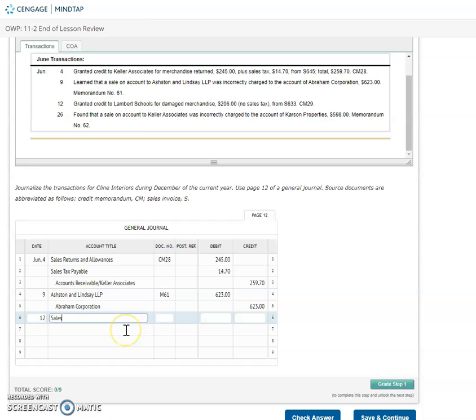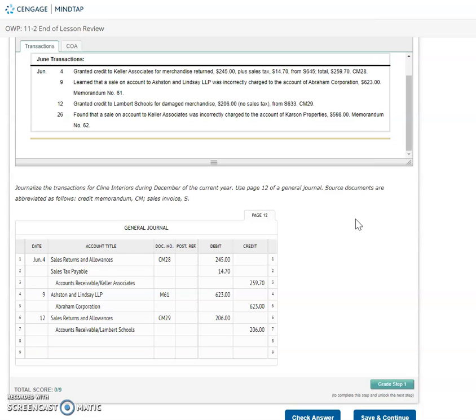So we are simply going to debit sales, returns, and allowances. That credit memorandum is our source document, so CM29. We're going to debit for that full amount of 206. And then we're going to credit accounts receivable / Lambert Schools for 206.